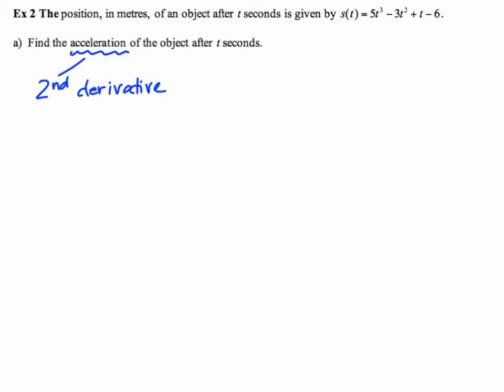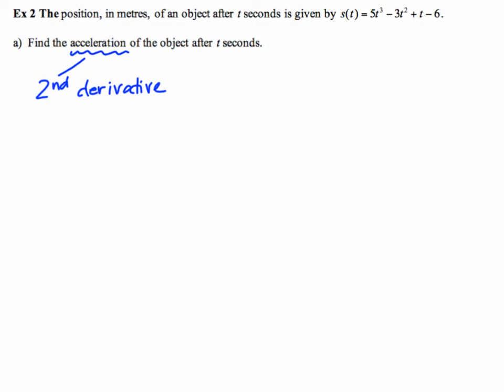So you're given a position function, s of t equals 5t cubed minus 3t squared plus t minus 6. And you're asked to find the acceleration of the object after t seconds. Well, if you're asked to find acceleration, then you're looking for the second derivative.